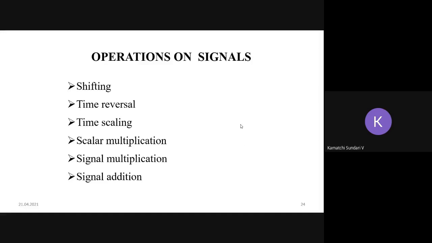That means, if I am doing x1 of n plus x2 of n, then x1 of 0 will get added with x2 of 0, and we will get the answer y of 0. Similarly, y of 1 will be obtained by adding x1 of 1 plus x2 of 1. That is the corresponding positions. The n value should be the same for the input signals. So that is very, very important.